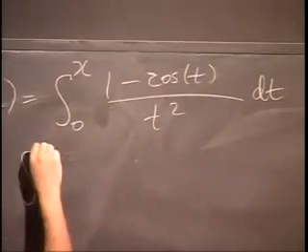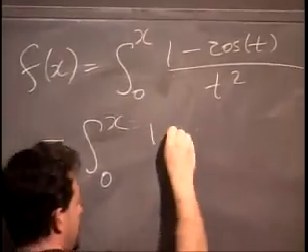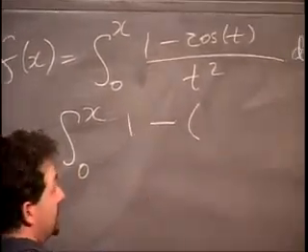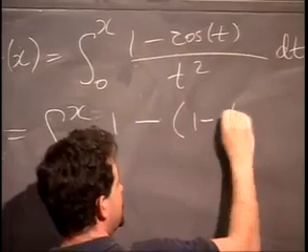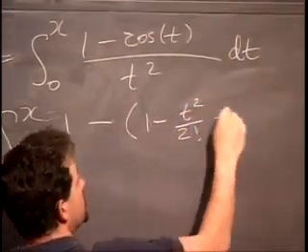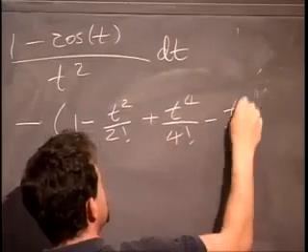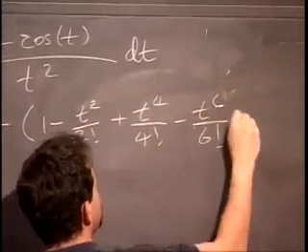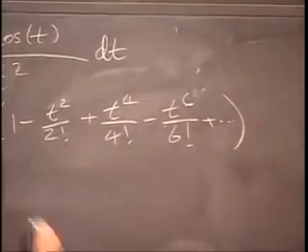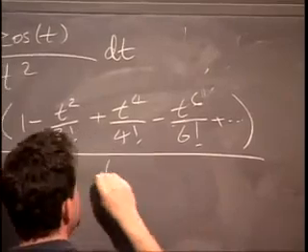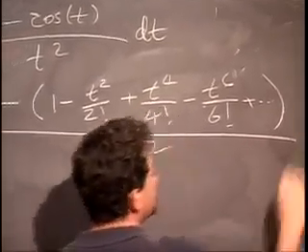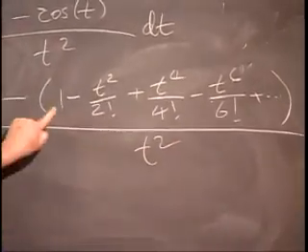So I get 1 minus the series, which is 1 minus t squared over 2 factorial plus t to the 4th over 4 factorial minus t to the 6th over 6 factorial, and so on, over quantity t squared. The 1's cancel out.